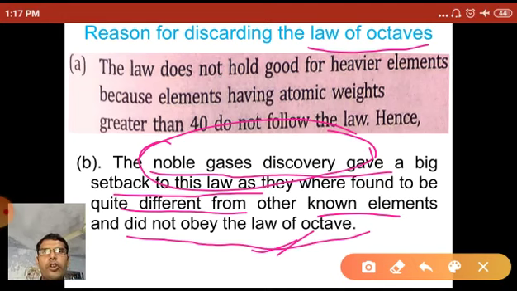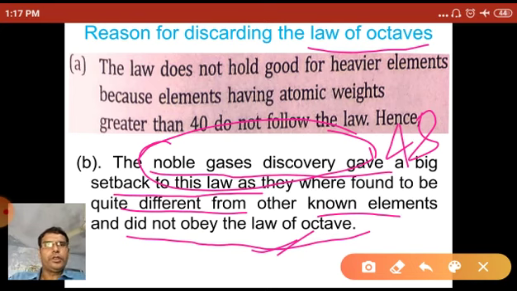And the third drawback for discarding Newland's octave law was that Newland assumed that only 48 elements are present on this earth, not more than 48 elements.